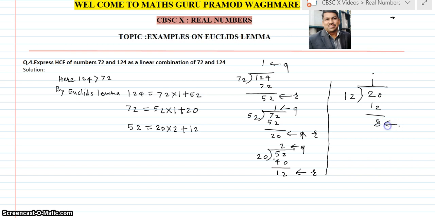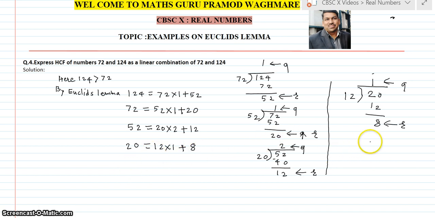So this is R, the remainder, and this is Q. So we can write 20 is equal to 12 into 1 plus 8. Again 8 is not 0, the remainder is not 0. So to find the HCF, we have to divide 12 by 8.